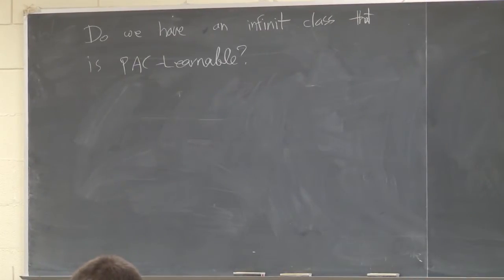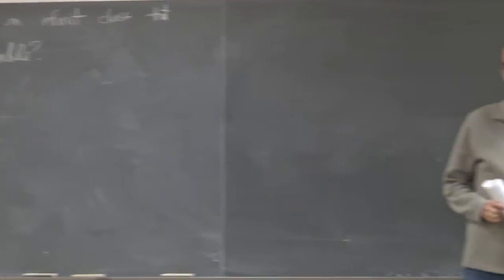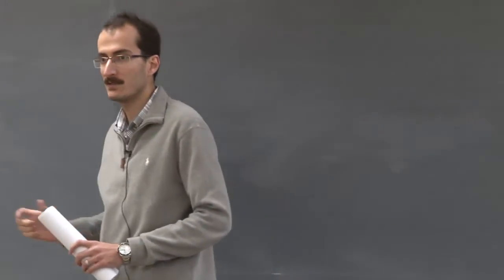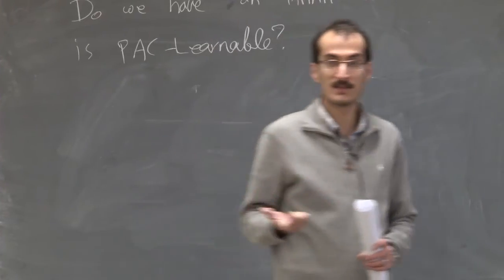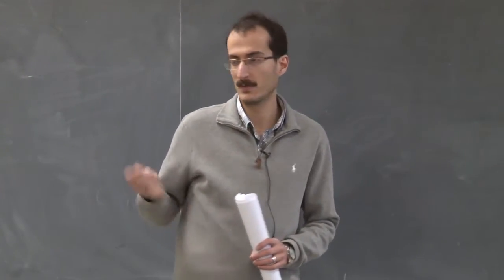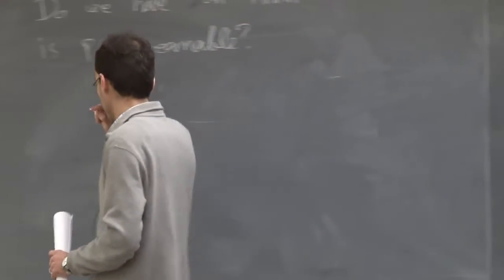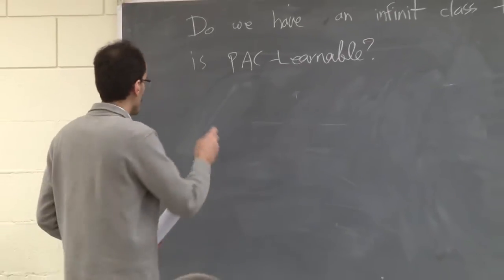So we need to work with small, simple examples. Do you have any suggestion for a very simple class that is infinite but might be easy? So I will write one. Let's consider the class of thresholds.